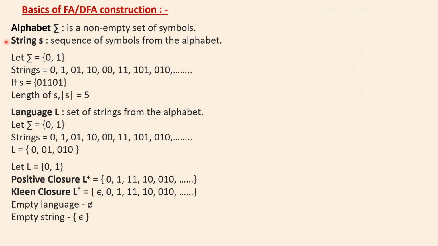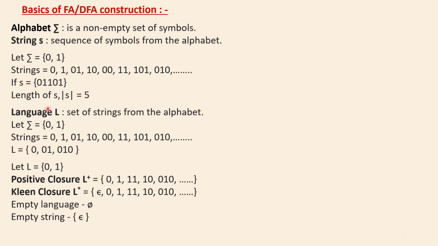Before we start constructing a deterministic finite automata, let us understand a few terms. The input symbols are also called the alphabet. A string is nothing but a sequence of symbols from the alphabet. For example, here the alphabet is {0, 1}, where strings are nothing but n number of combinations from 0, 1.